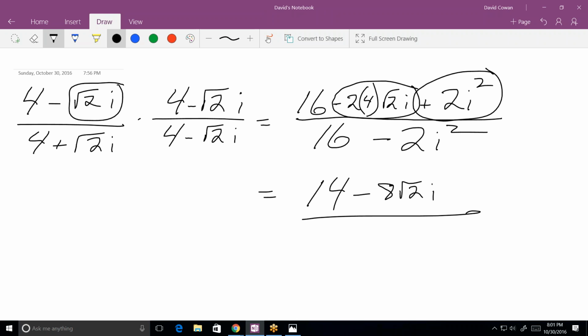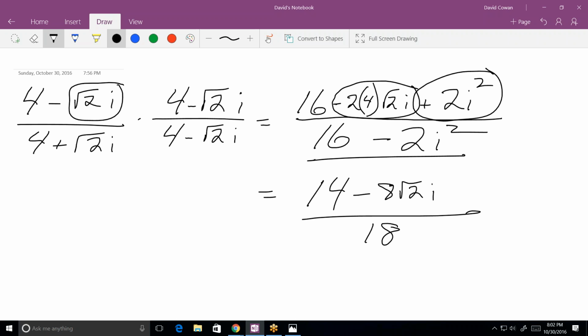Let's see, the bottom becomes negative 2i squared becomes negative 1 times negative 2, which is 2. What's the bottom become? 2 plus 16? 18 being the number that I want.